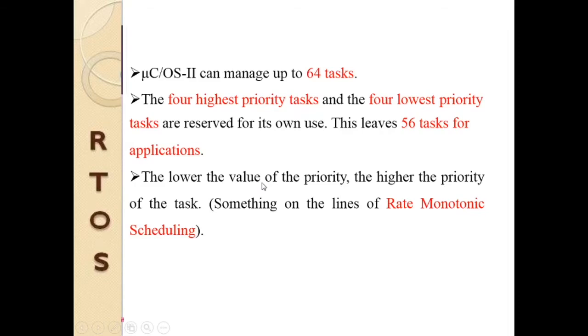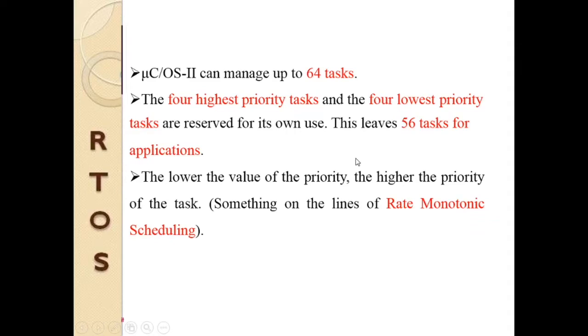In the case of the real-time operating system microC OS 2, it can manage up to 64 tasks. 64 tasks can be scheduled by our microC OS 2 operating system, and of those, 8 tasks are reserved for the OS, and the remaining 56 tasks can be used by the user. In the 8 tasks there will be 4 highest priority tasks and 4 lowest priority tasks.